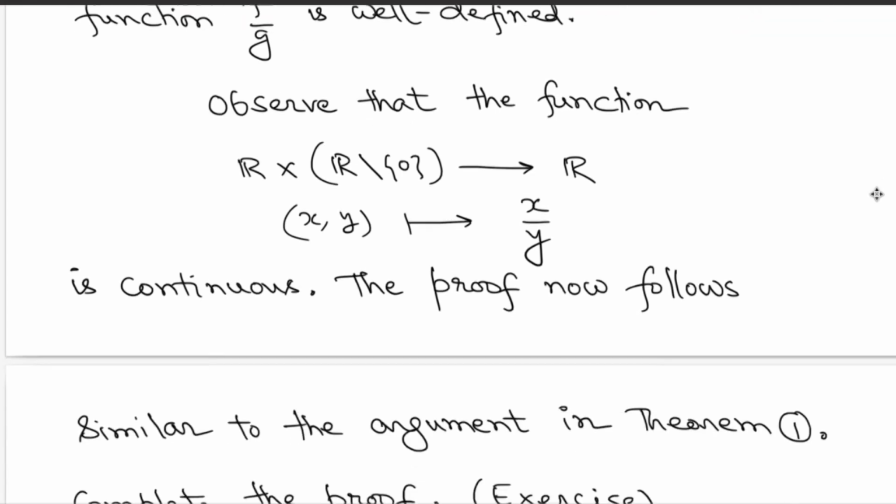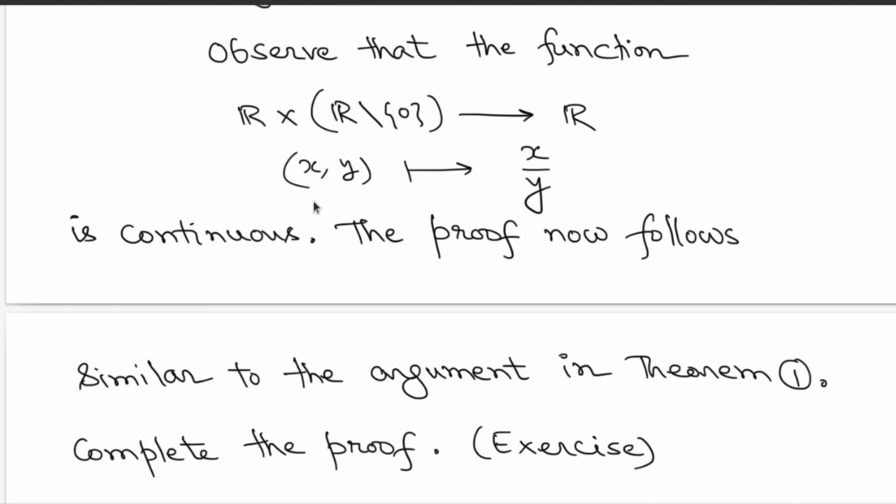But observe that the division operation we have been discussing can be written in this format, on R cross R minus 0. You take two real numbers x and y, but allow y to take values in R minus 0 only. Do not allow y to take the value 0. Then you can talk about x over y, which will be some real number including 0. This is a continuous function as long as you vary x and y in this space.